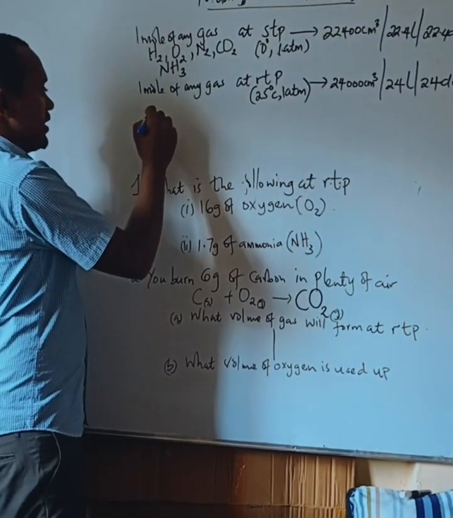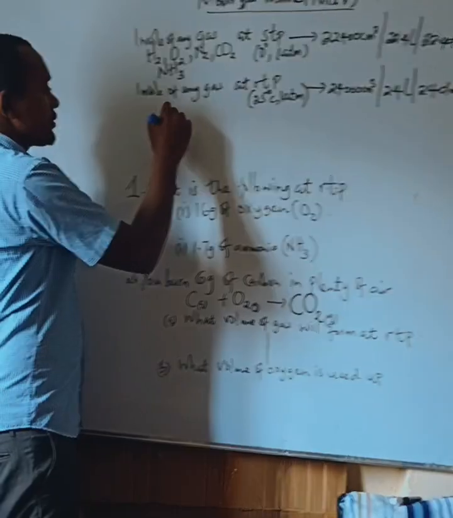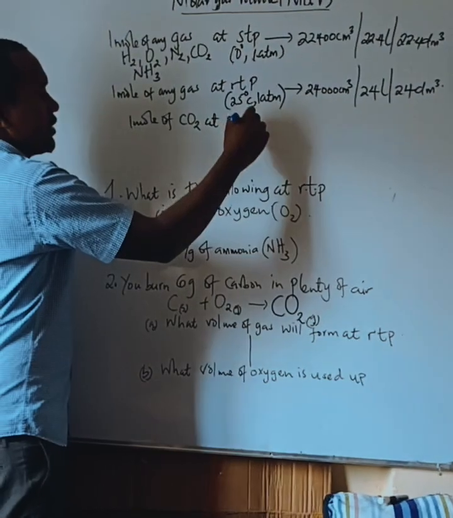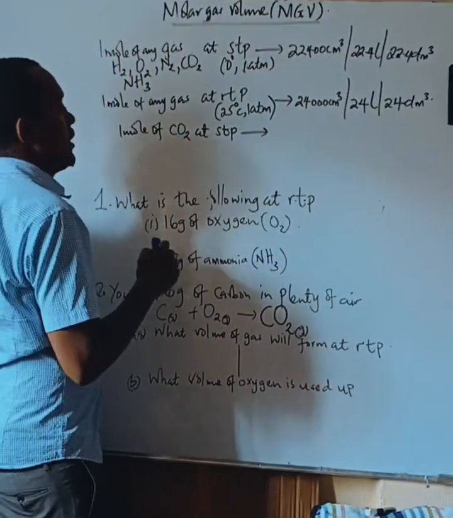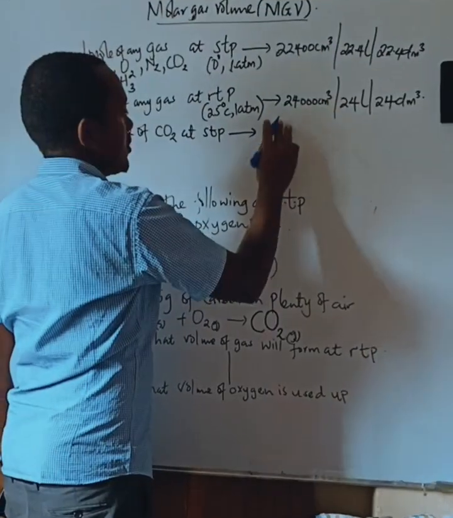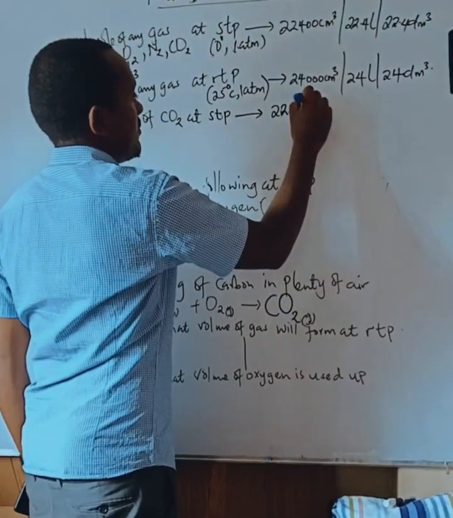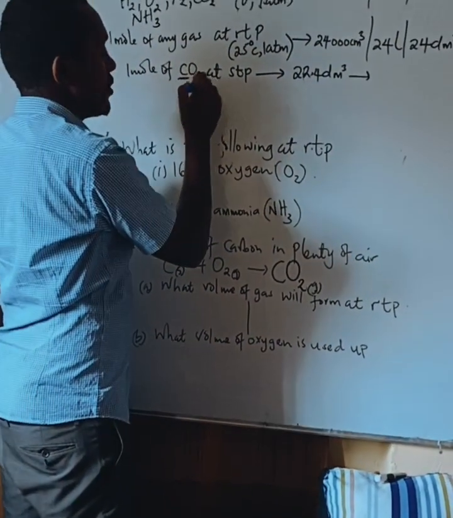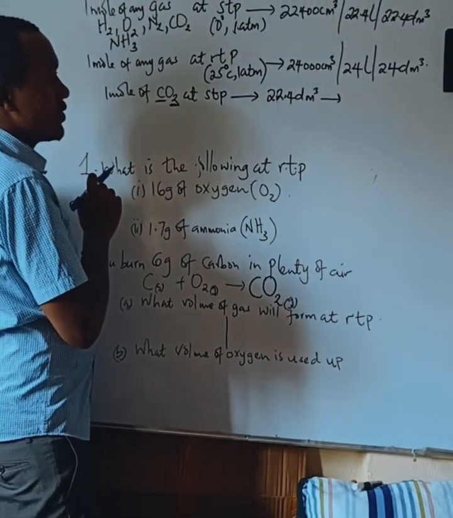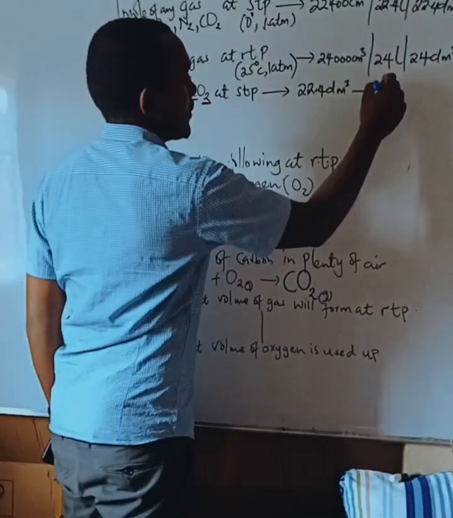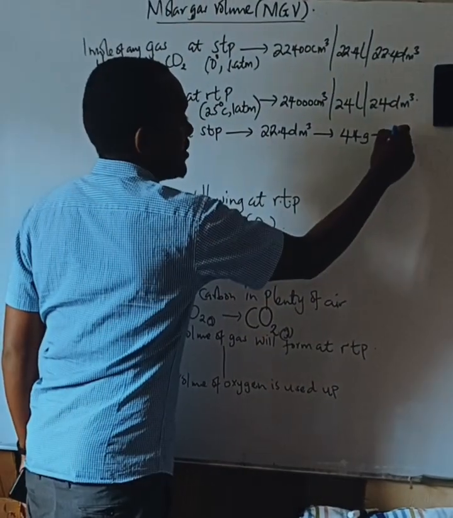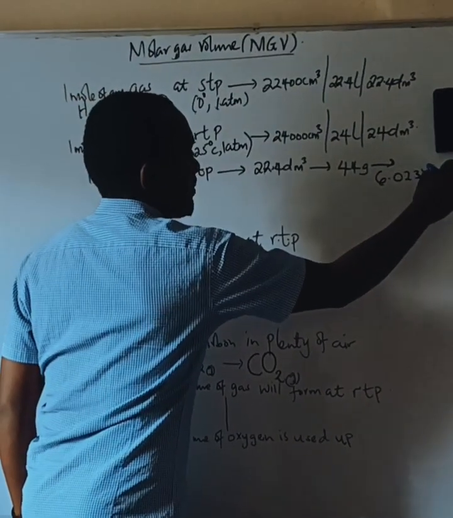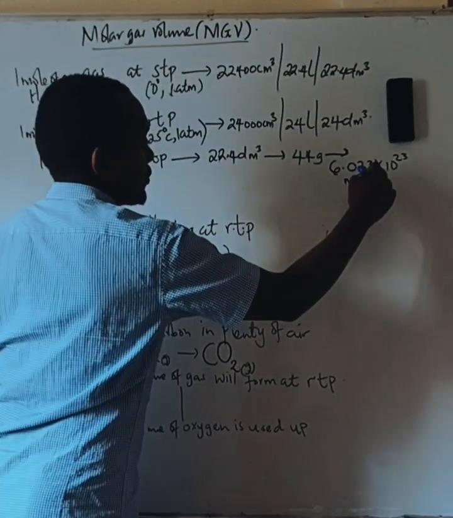For example, I can write an example. 1 mole of carbon dioxide at STP will be 22.4 dm cubic, and the mass for 1 mole of carbon dioxide: carbon is 12, oxygen is 16 times 2, 32. 32 plus 12 is 44, which is 44 grams, and which are the Avogadro's number of particles, which is 6.023 times 10 power 23 molecules.